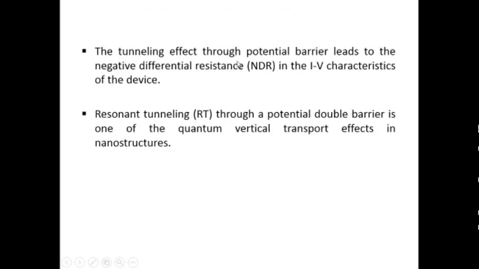The tunneling effect through a potential barrier leads to negative differential resistance in the IV characteristic of the device. Resonant tunneling through a double potential barrier is one of the quantum vertical transport effects in nanostructures.